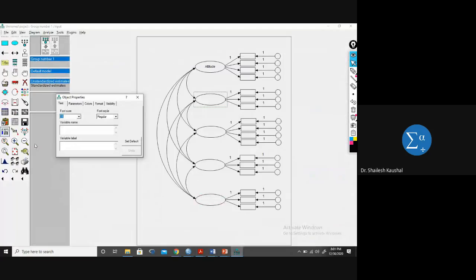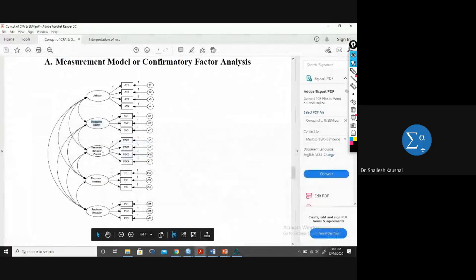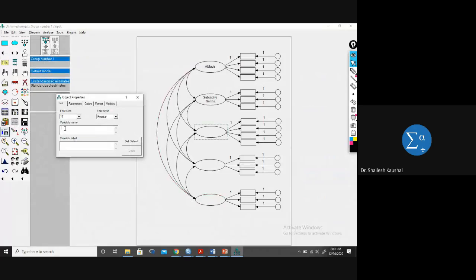So I am pasting here, and because it is going outside the oval shape, I am resizing the font size to 12. The third variable name is perceived behavioral control. I copy and paste it here. Again it is outside, so I am reducing the font size, maybe to 11.